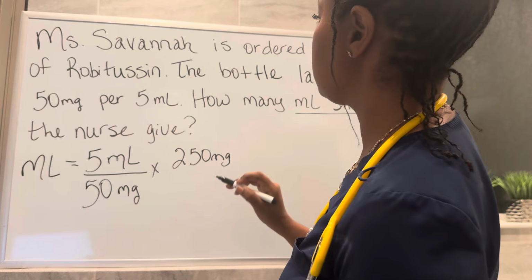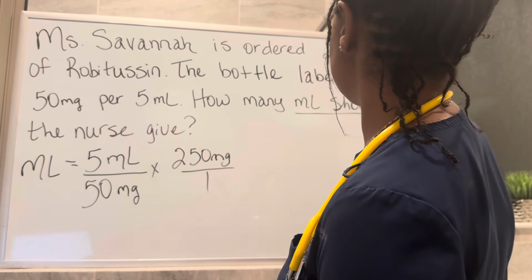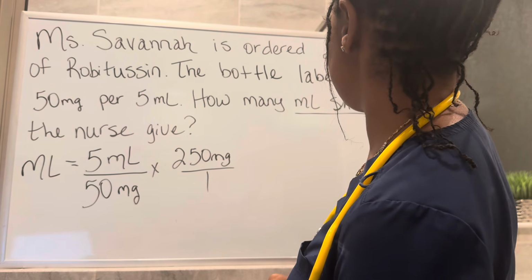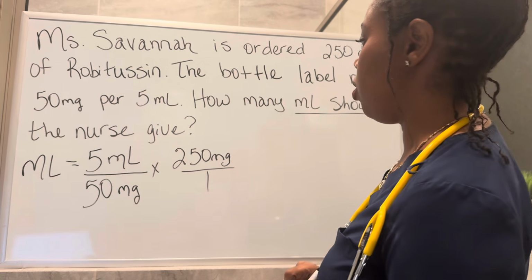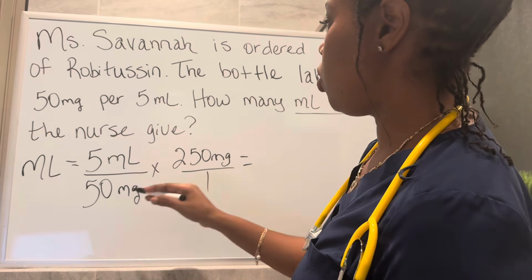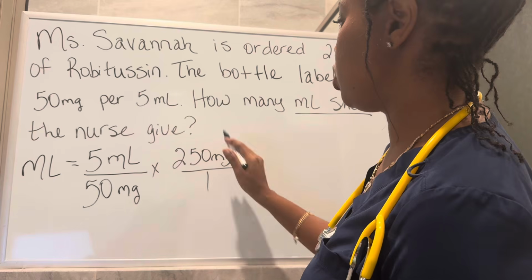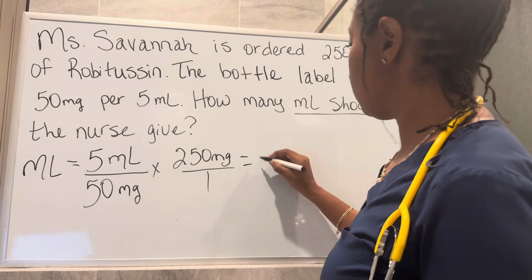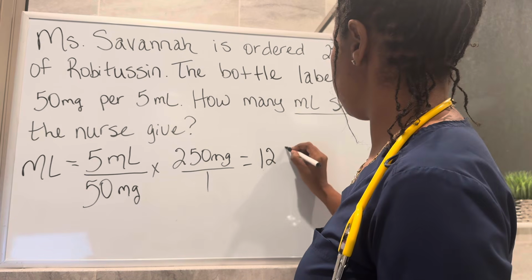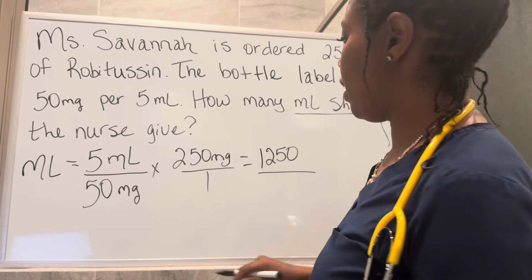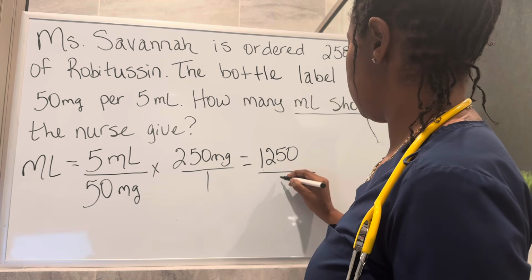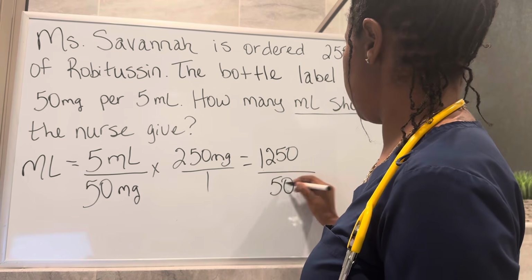All right, of Robitussin. Okay, so it looks like I should be ready to solve. All right, so 5 times 250 is 1250. All right, 50 times 1 is 50.